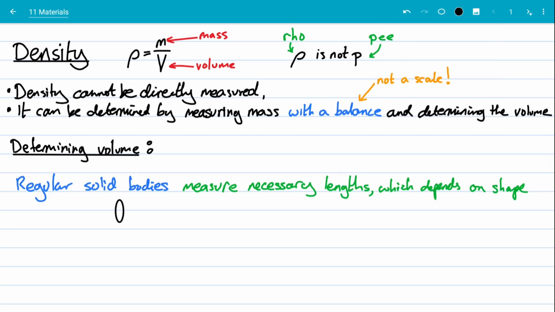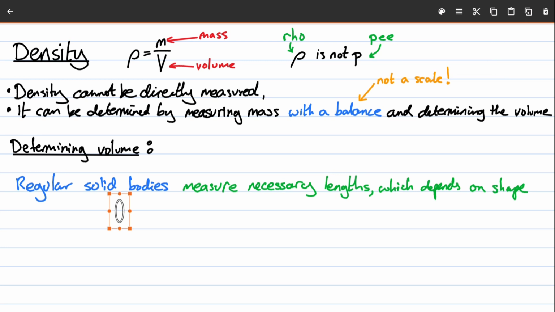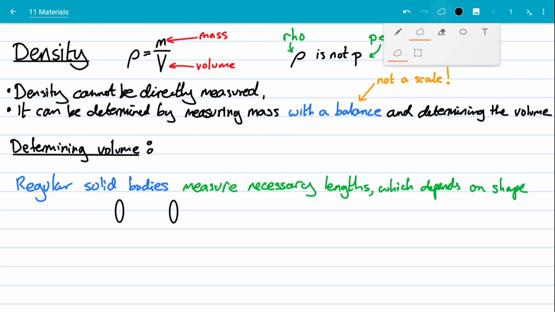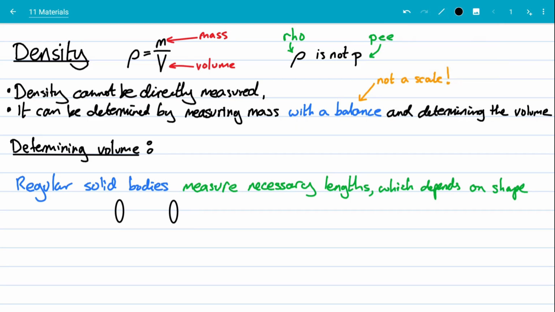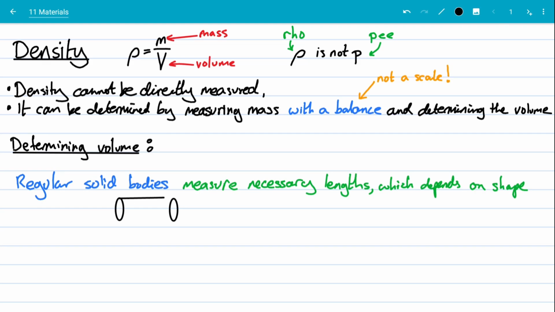So let's draw that, then let's duplicate it, stick it over here on the right. This is just for example, and we're not going to go through how to calculate every volume of every regular shape.